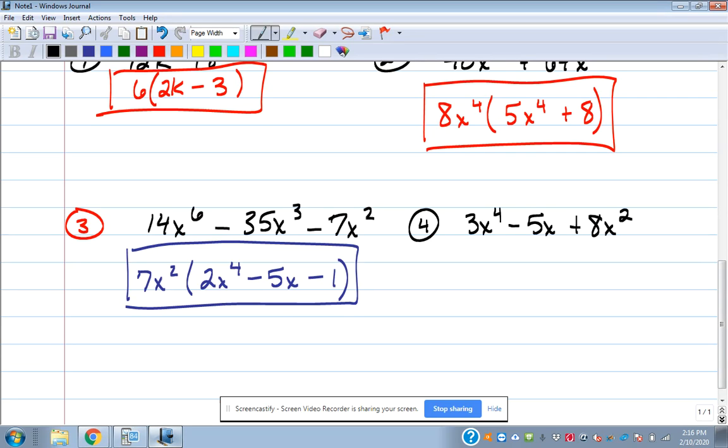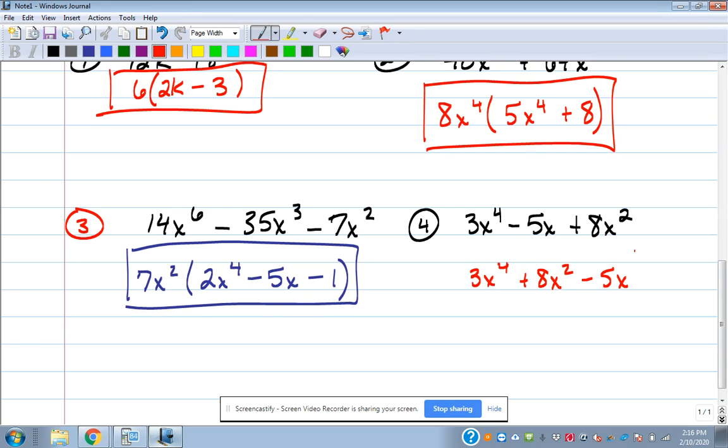Say it again. They're not in order. Oh, we got to fix that. So how do I rearrange it? Okay, so it'd be a plus 8x squared in the middle, and then the minus 5x goes after that, right? Good job. Let's change the order, get it in the descending order.